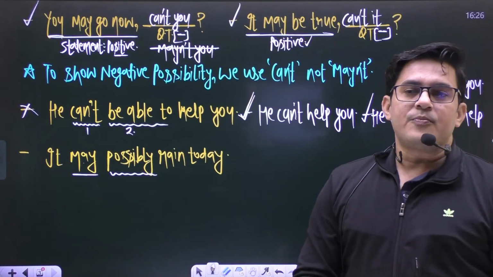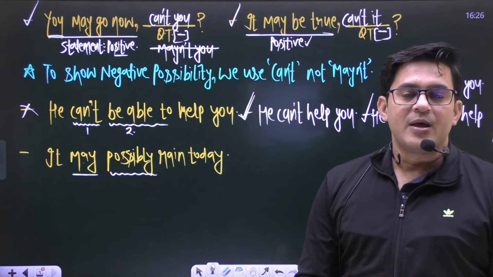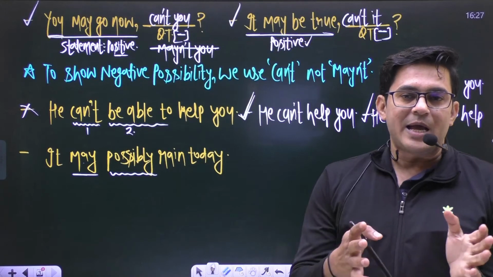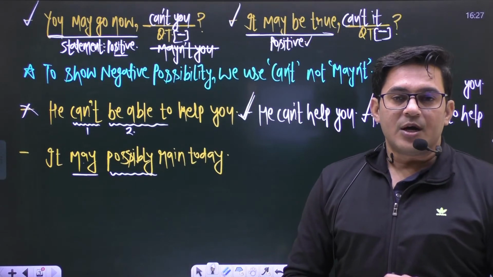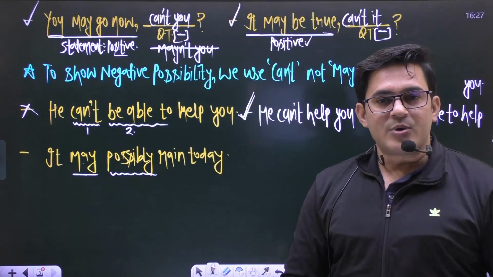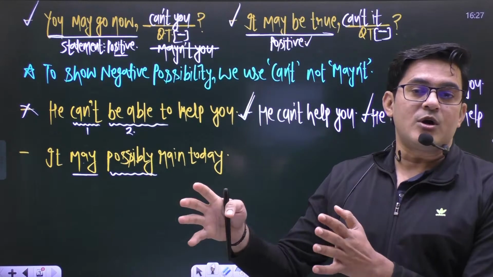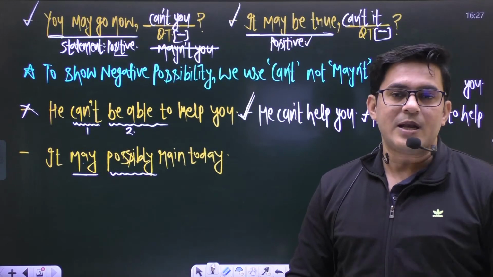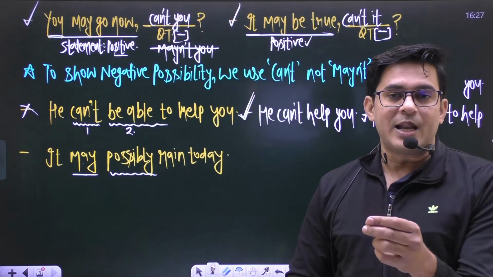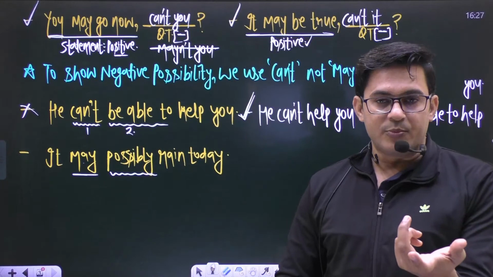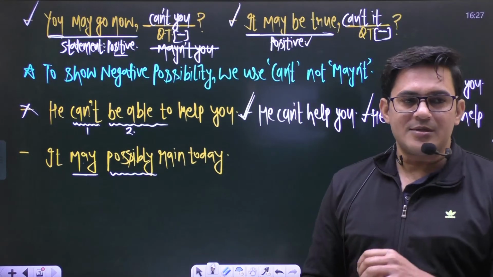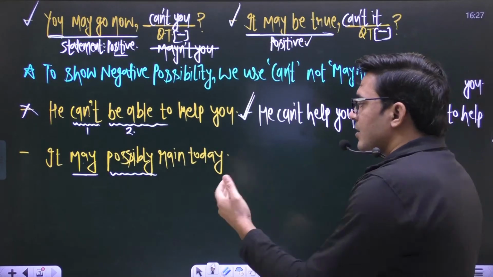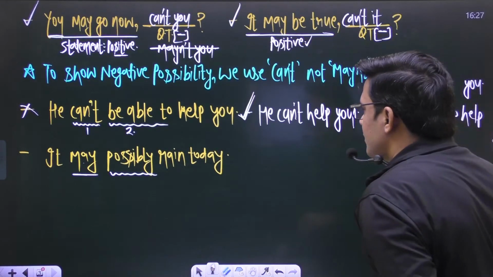The reason behind it: we know both the words are similar. Can shows the ability, or you can say one is able to do something. Either say he is not able to help you, or say he cannot help you. Or say he is able to help you, or say he can help you. But when you use both the words in a sentence, that will be wrong. Okay, next sentence, it may possibly rain today.